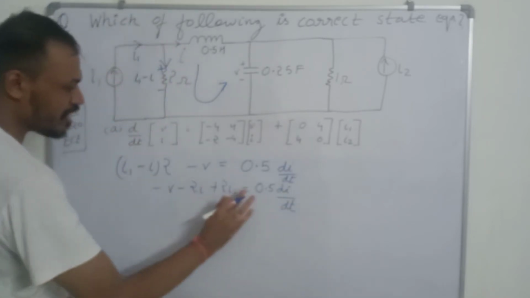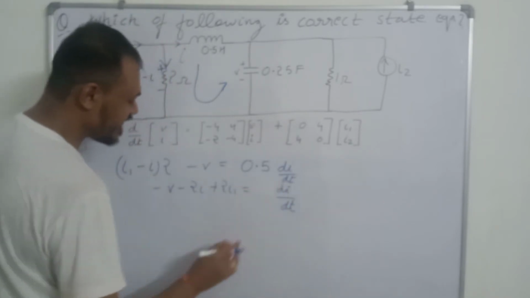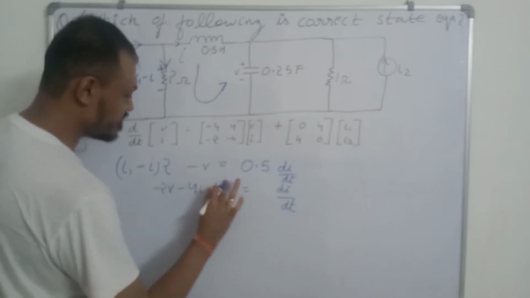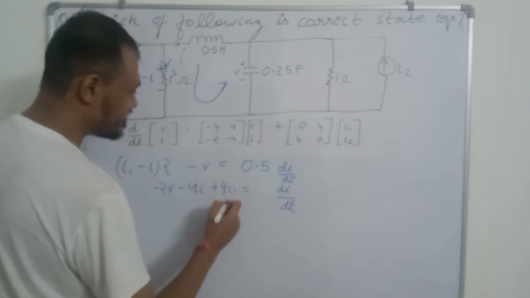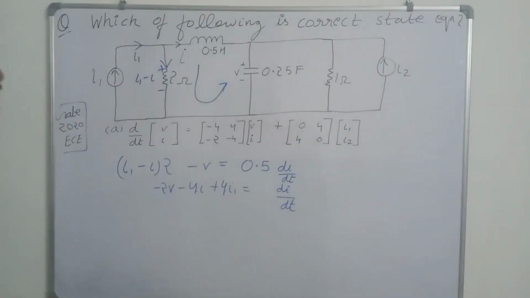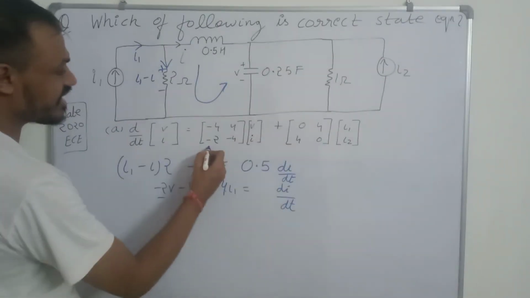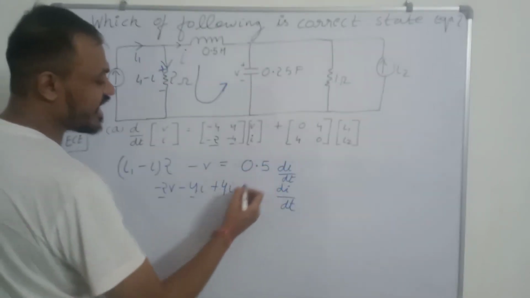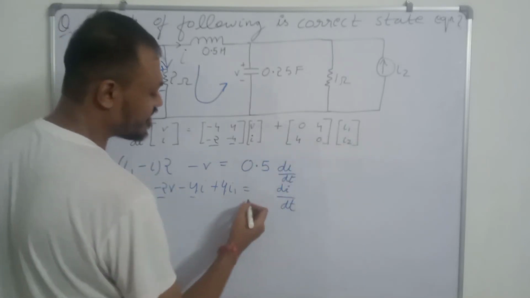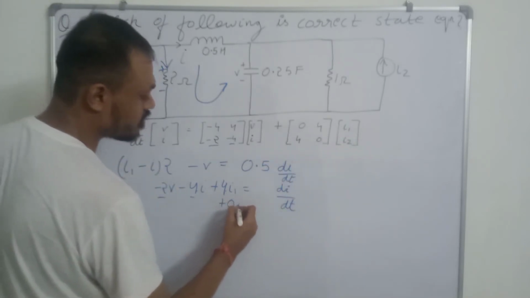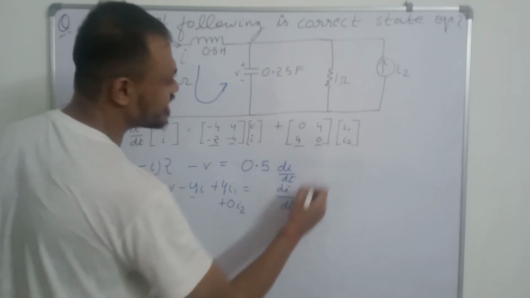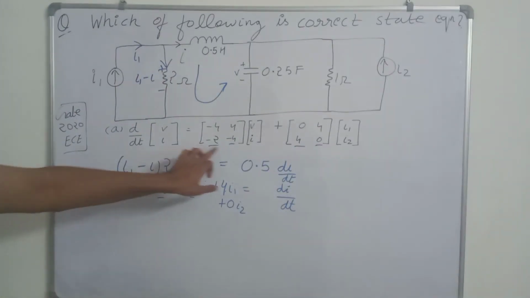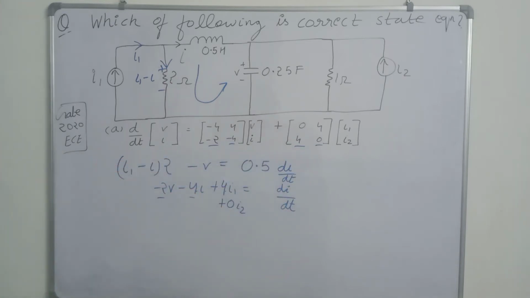If we take 0.5 to the other side, all terms get multiplied by 2. So minus 2V minus 4I plus 4I1 is equal to di by dt. We can also write 0 I2 because the I2 term is absent. So we have found this for di by dt.